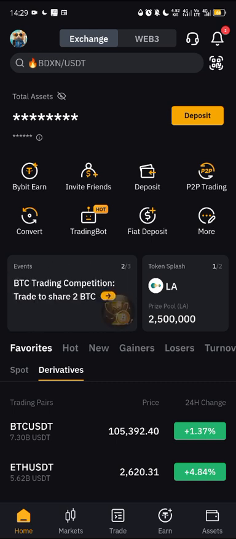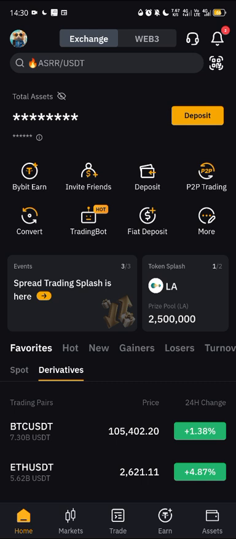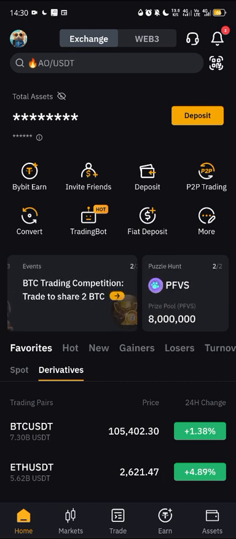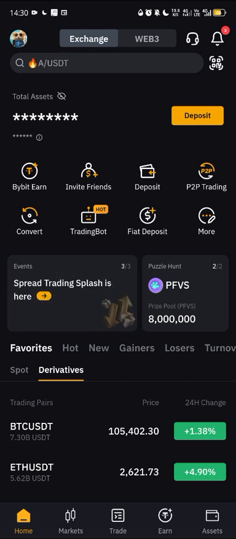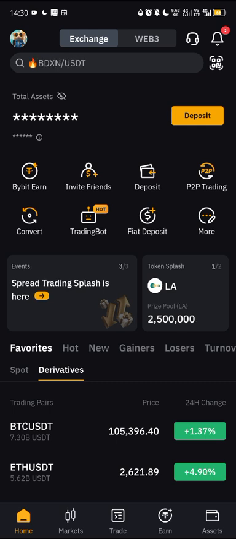Now, let's go. This is for Bybit users only. You can actually use the same knowledge when it comes to trading on other exchanges too, but this one is for Bybit users. Now, when you open your Bybit to this interface, where you want to go to is your trade.